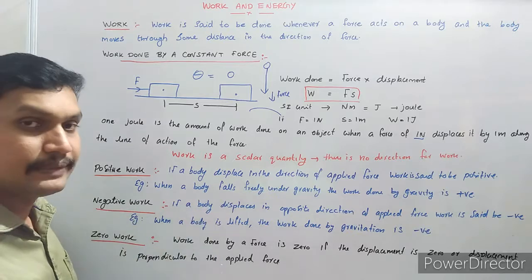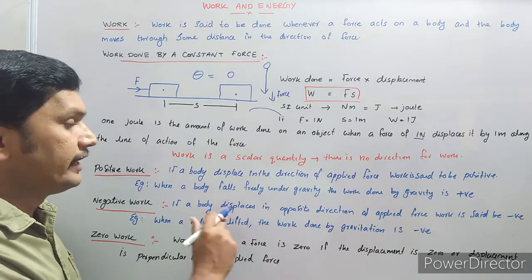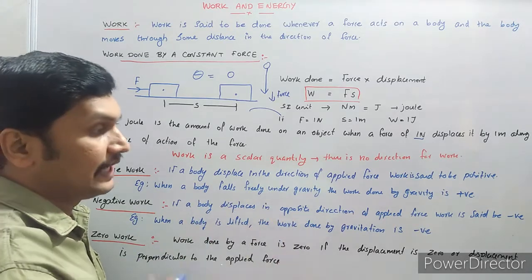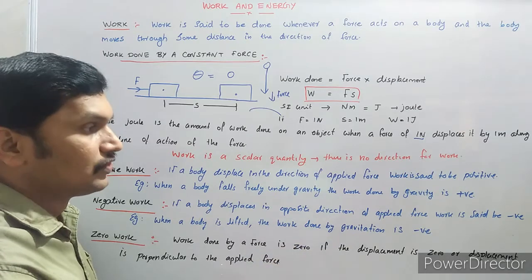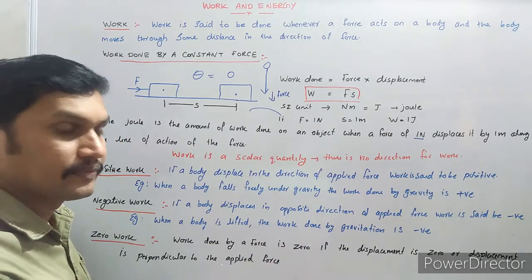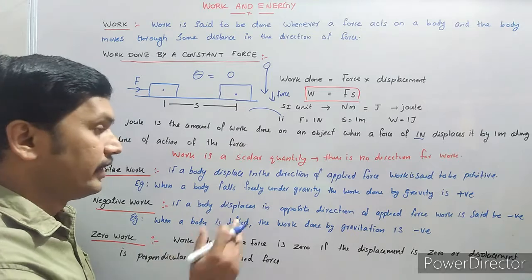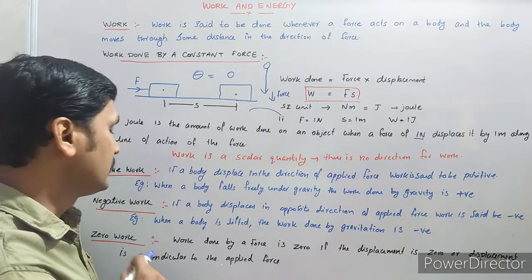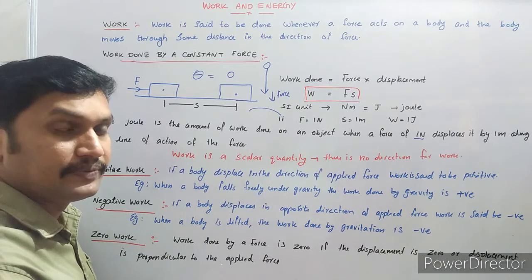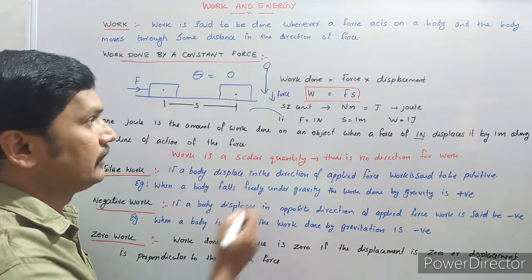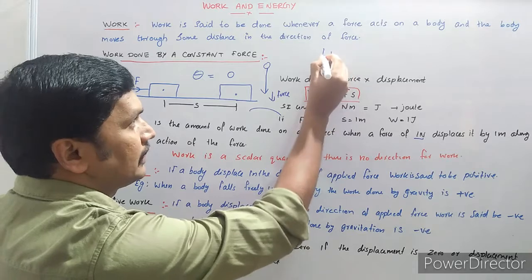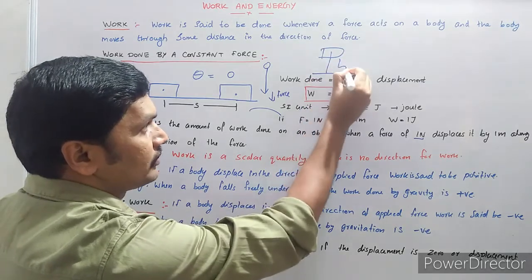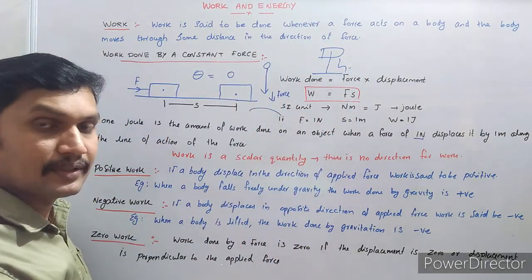Now, negative work. If a body displaces in the opposite direction of applied force, work is said to be negative. For example, suppose you are lifting a particular object h above the surface of the earth.